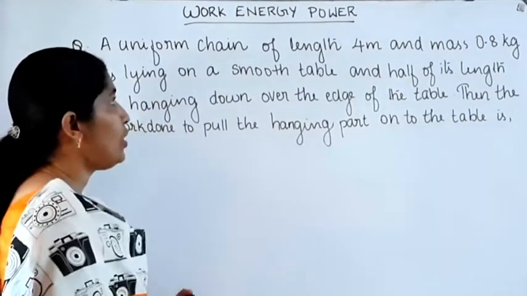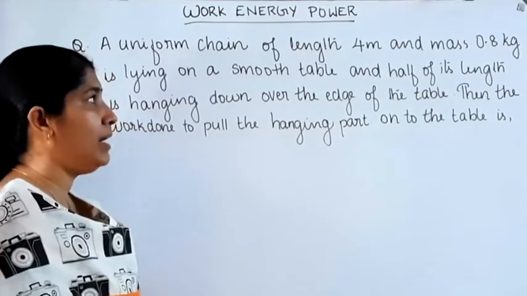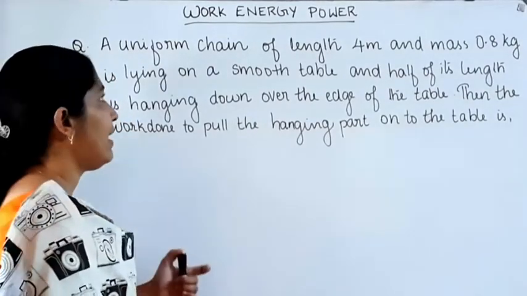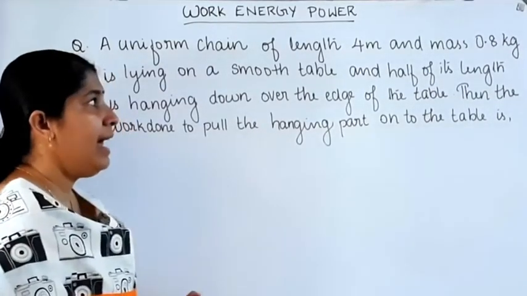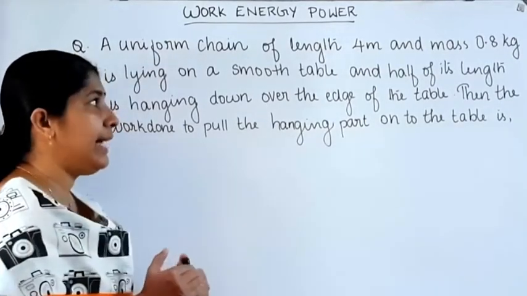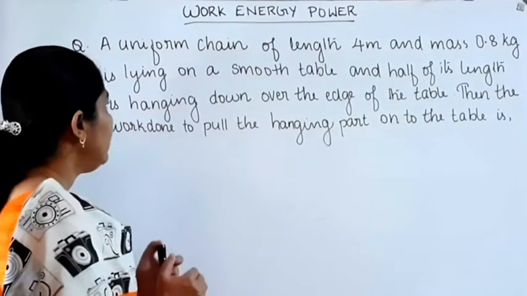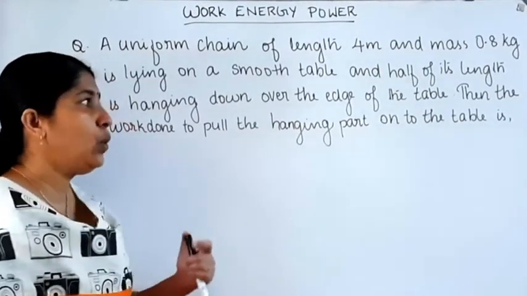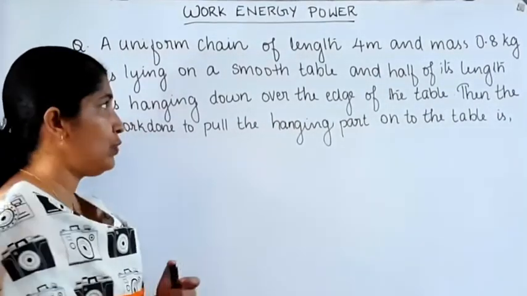Our second question. A uniform chain of length 4 meter and mass 0.8 kg is lying on a smooth table and half of its length is hanging down over the edge of the table. Then the work done to pull the hanging part onto the table is? That's our question.